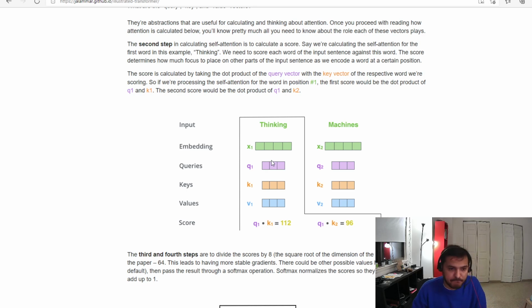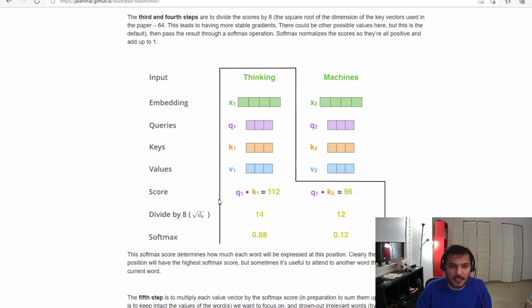Then we perform some kind of normalization. In this case, we divide by 8, because we divide by the square root of the dimensionality. It's just mumbo jumbo to make algorithms converge faster, but that's not relevant here. Then you convert it into a score between 0 and 1 by doing softmax. These are just mathematical details. What is important is that you are taking the dot product of the query vector with the key vector for all words in the sentence.